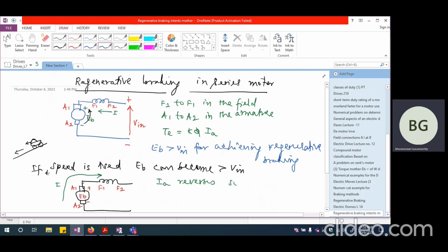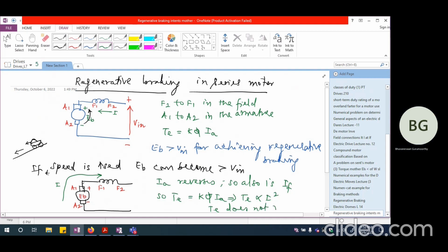So also is IF. Both IF and IA reverse. So TE, which is equal to K phi times IA, will not reverse, because TE, we also said, is proportional to I square. So TE does not reverse.